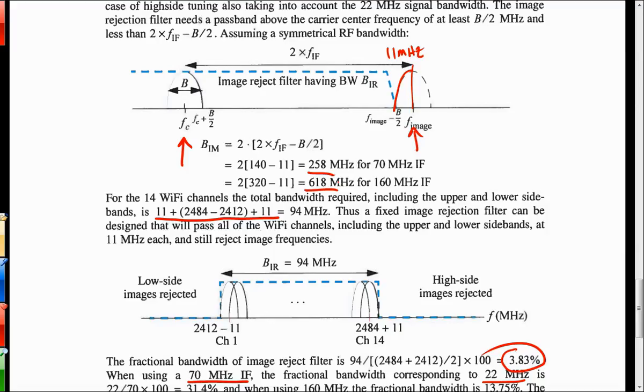So what does the fractional bandwidth tell you? It tells you the realizability of the filter. In electronics somewhere, don't you build something with a resonator, a tank circuit, and sweep it, like with an L and a C?